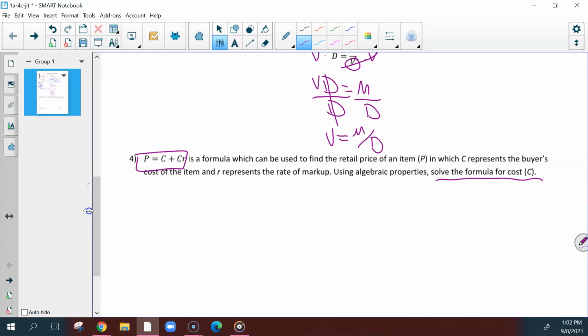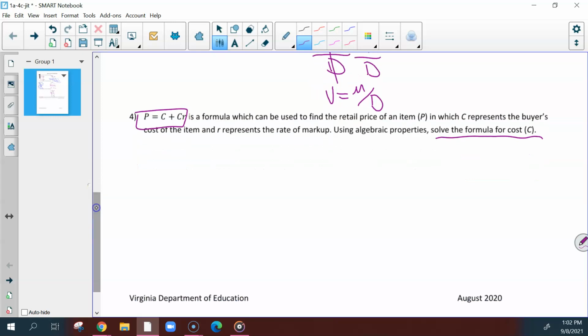So we have our formula, we have what we're solving for, C. I'm going to rewrite it. And I see that we have C in both of our terms. We somehow have to get it out of both terms so that it's by itself.